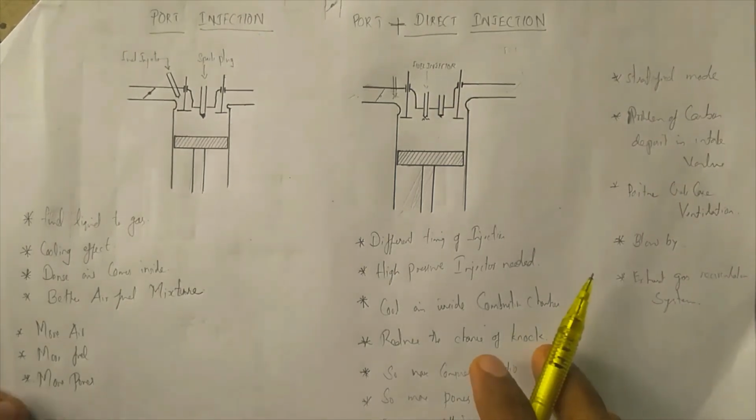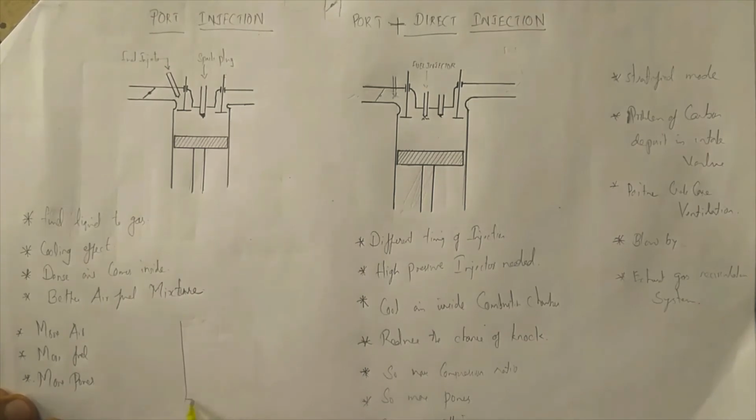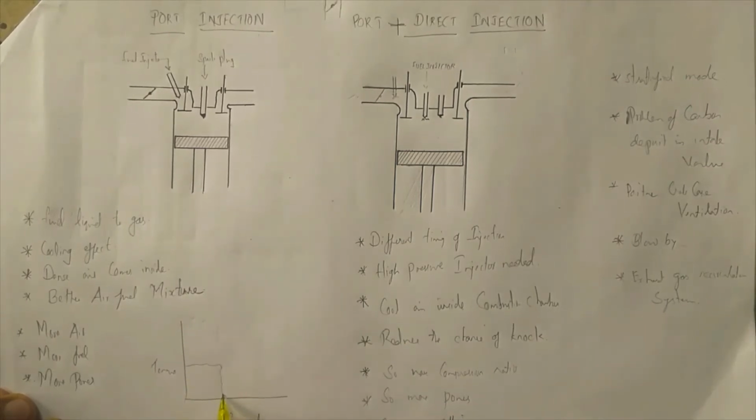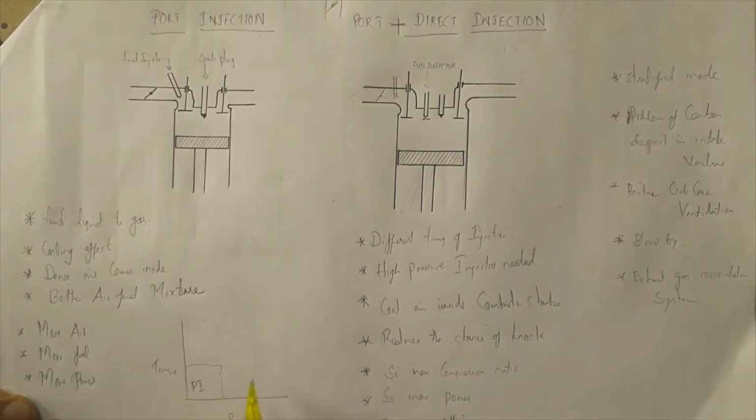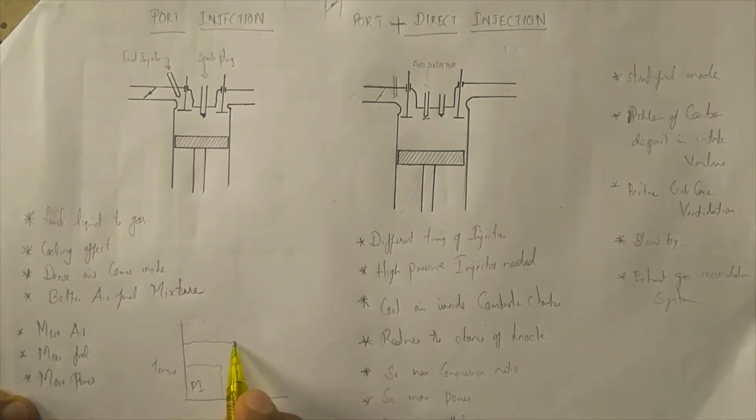For example, if this is torque and this is speed or RPM: for smaller torque and smaller speed, we use port injection. When the torque is around medium, we use port injection plus direct injection.